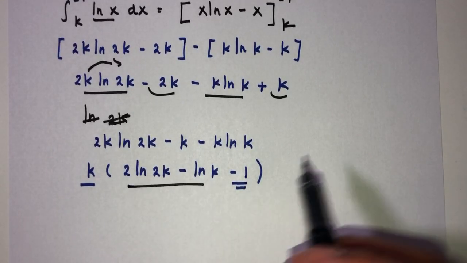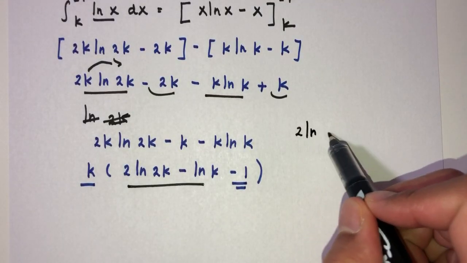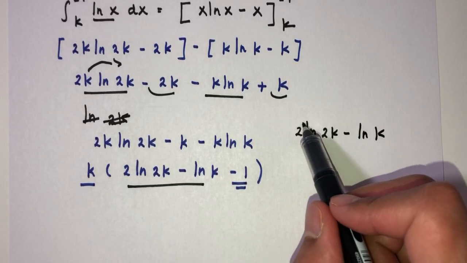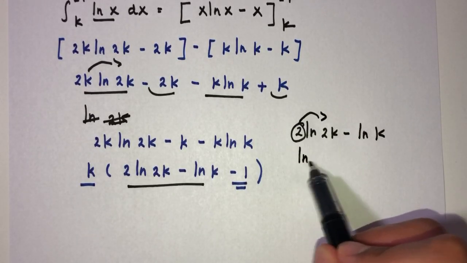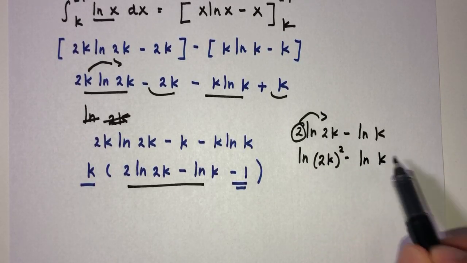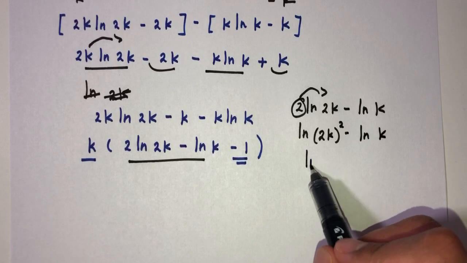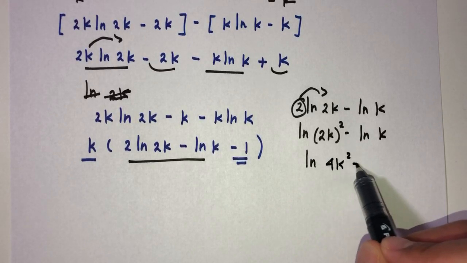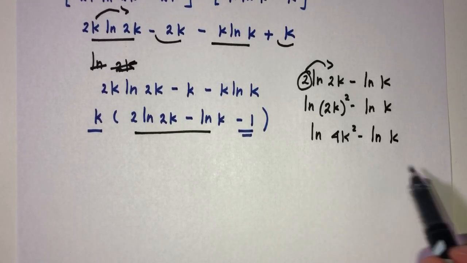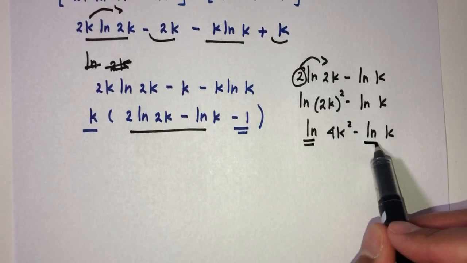Now we have to simplify this. So here we have 2 ln of 2k minus ln of k. So we can send this one on top. You will have ln of 2k squared minus ln of k. So simplify, you will have ln of 4k squared minus ln of k. Here we have the same logarithms. We can combine them together.